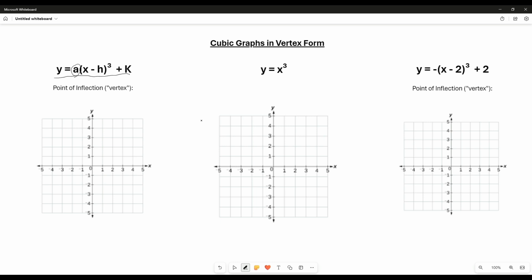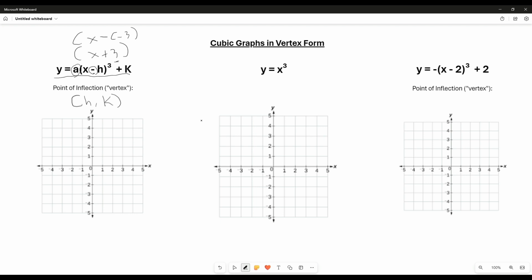That means that the point of inflection, or you can think of it as the vertex, if you will, is located at H, K. Now remember, in this formula, there's a minus here, which means that if x minus h is x plus 3, h isn't 3. H is negative 3, because it's really x minus negative 3 to get x plus 3.